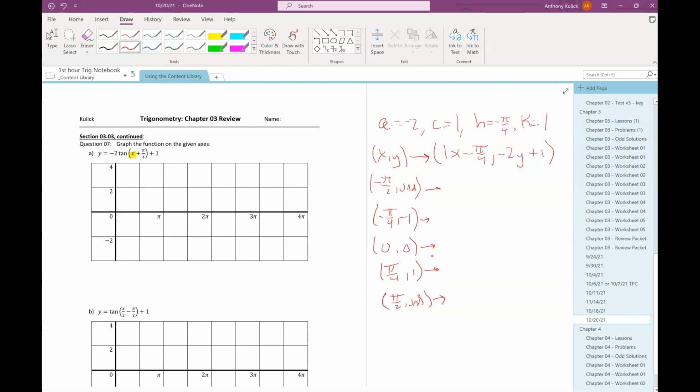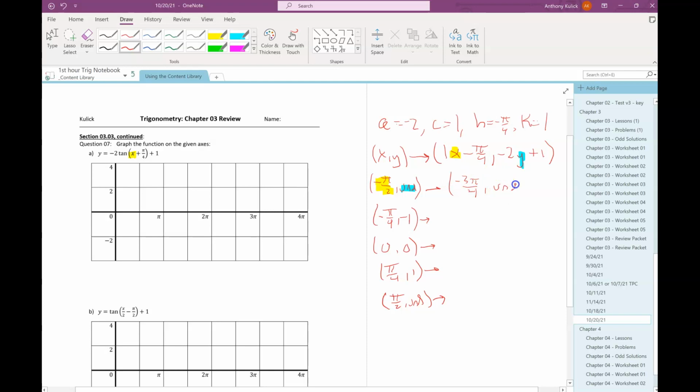Okay. So what I do then is I just take my x and plug it in for the x, and then take my y and plug it in for the y, and just kind of bang through those. So let's see here. That would be -3π/4.